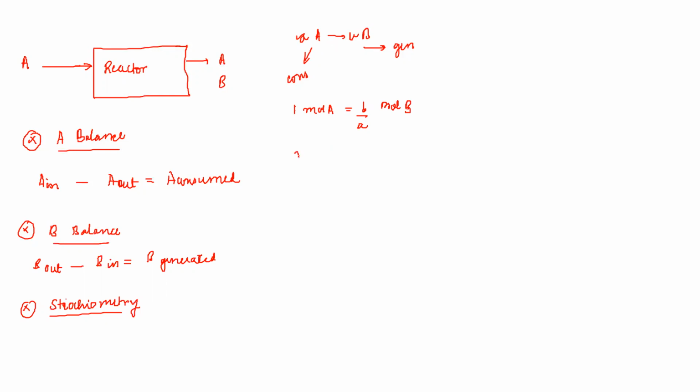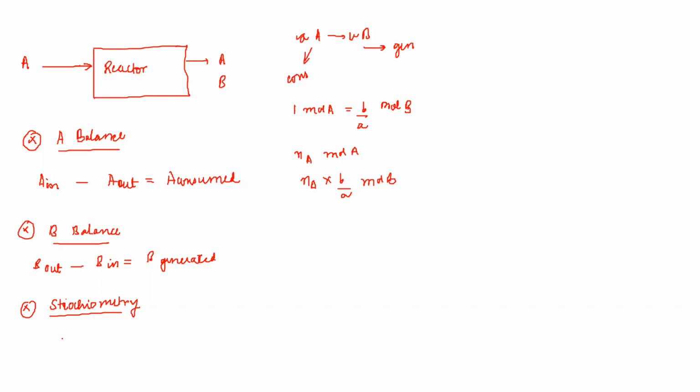So if I have Na moles of A that are consumed, then I'll get Na into b by a moles of B that are generated.